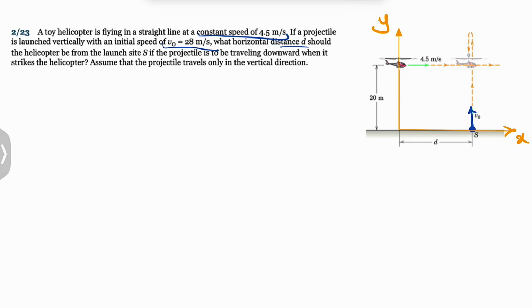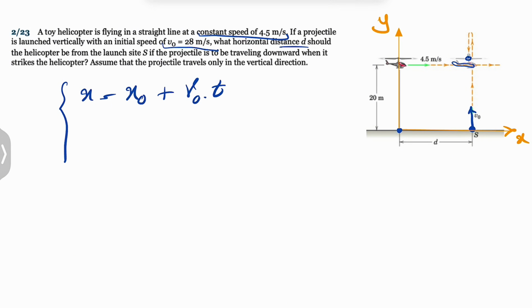So we're dealing with two different objects in here. The helicopter is going at a constant speed, and we can write down the equations for that. This will be our origin. Since the helicopter is moving in the x direction, x equals x0 plus initial velocity times t. Obviously the time for these two has to be the same, because once the helicopter gets there, the ball is going to be there, so they're going to hit each other.